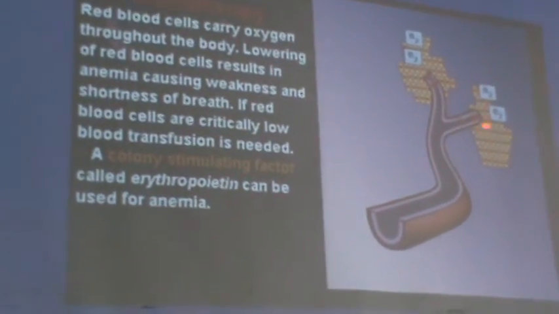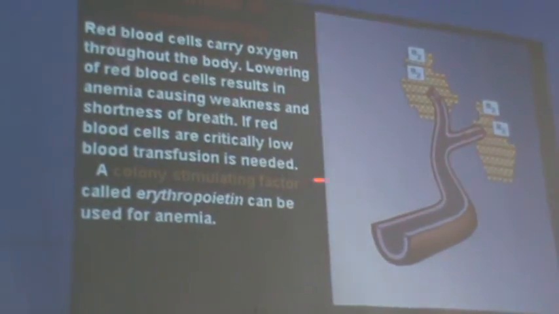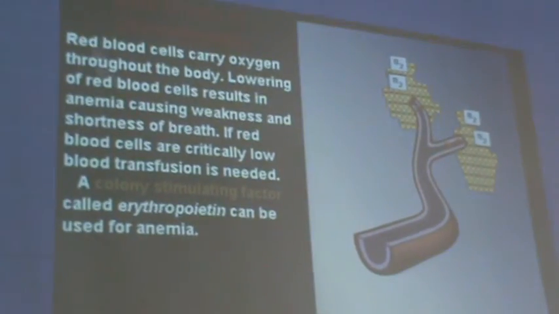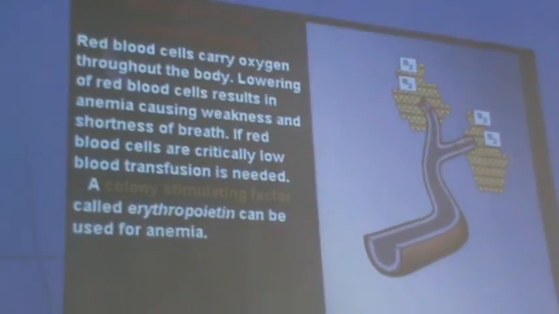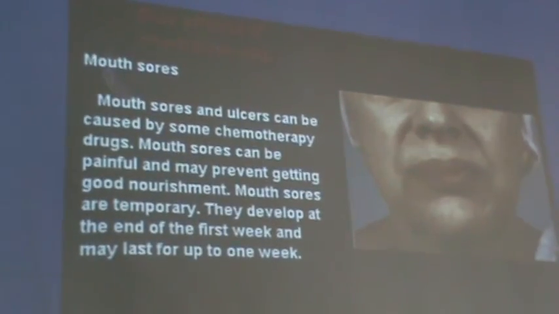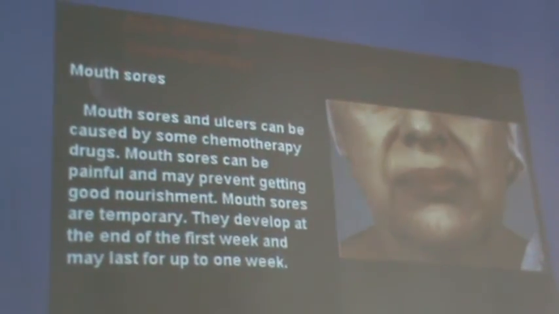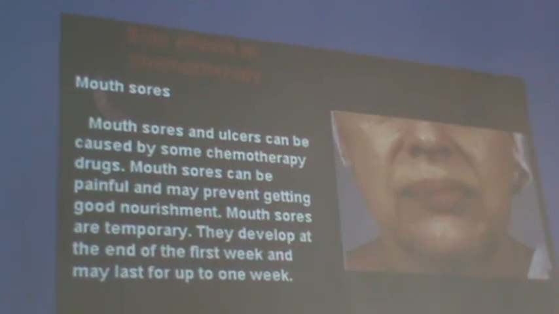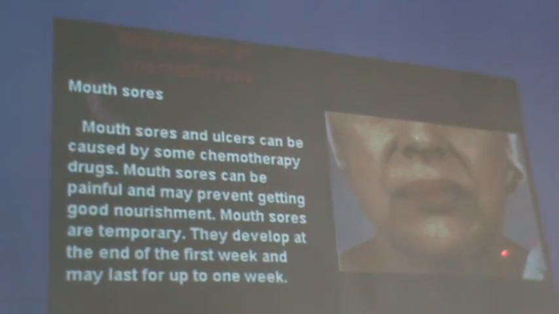Also for the anemia, nowadays people use a colony stimulating factor, which is erythropoietin, which improves the anemia in those people. The mouth ulcers also are a problem, making the patient unable to eat.